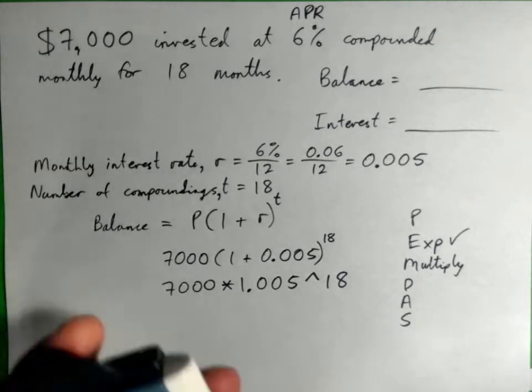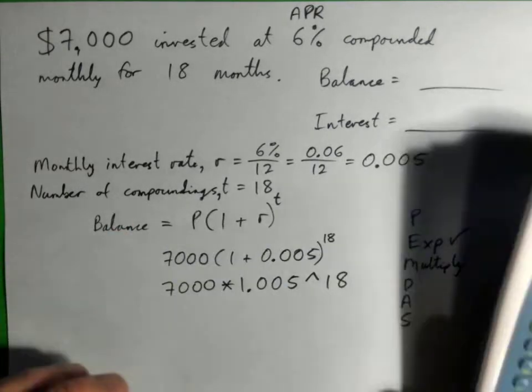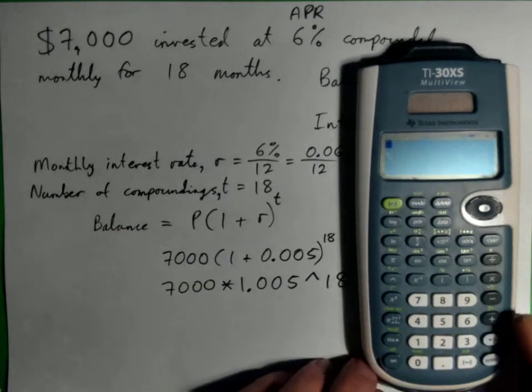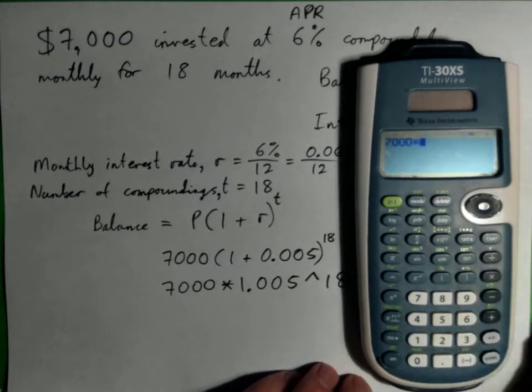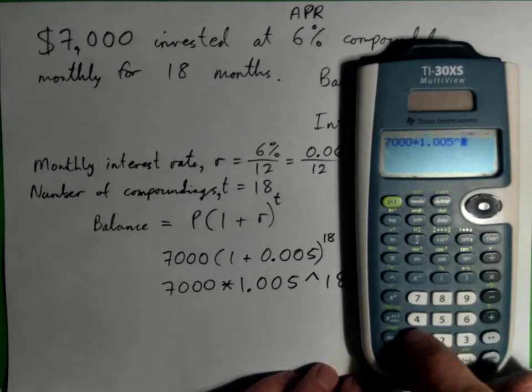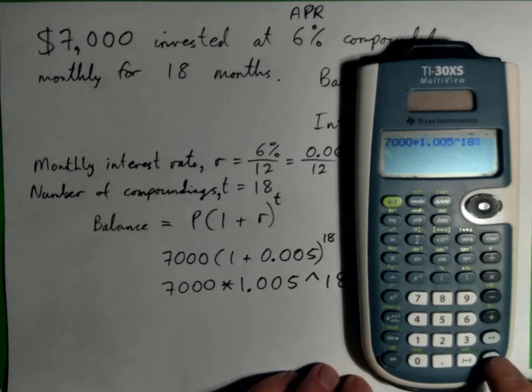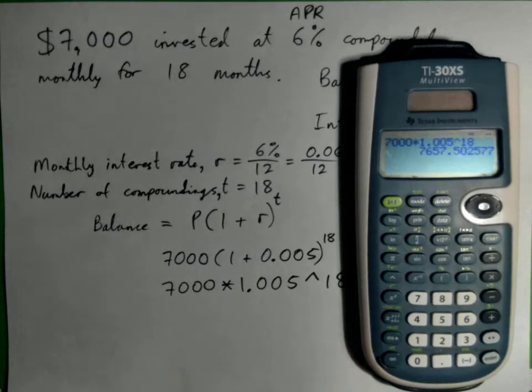Right? And you guys can use any calculator that works, any scientific calculator. Obviously, 7,000 times 1.005 to the power of 18, right? And we get that, right? And round that to the nearest cent.